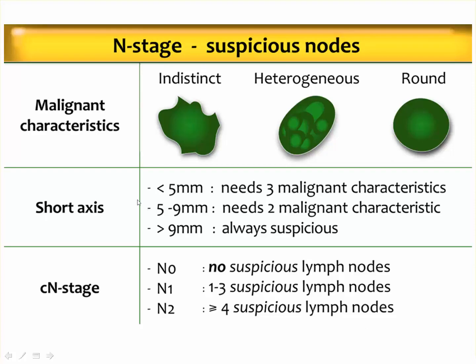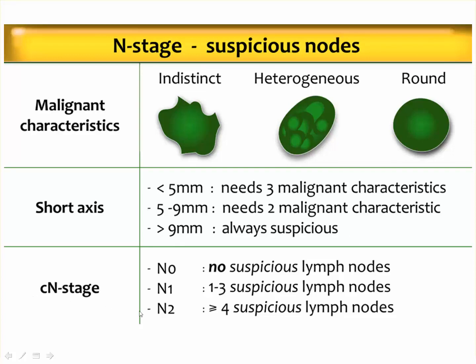If the short axis is less than 5 millimeters, then in order to judge that this is suspicious for malignancy, you need all three criteria: irregular border, heterogeneous signal, and rounded shape. If the short axis is from 5 to 9, then you need only two malignant criteria, like this and this, or this and this. If the short axis is more than 9 millimeters, you may consider it malignant.